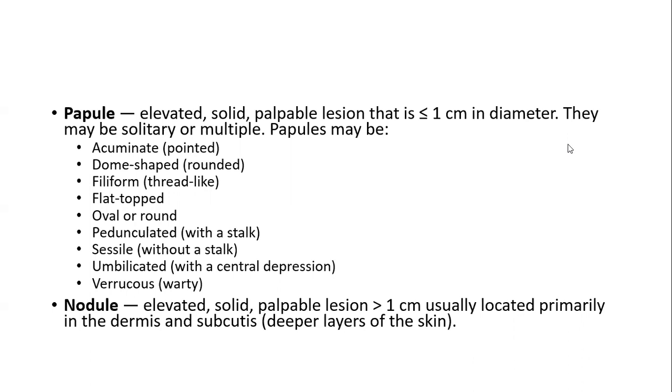Then papule, you all know, is an elevated, solid, palpable lesion that is less than 1 centimeter in diameter. They can be solitary or multiple. Usually they are multiple, and papules may have different shapes.